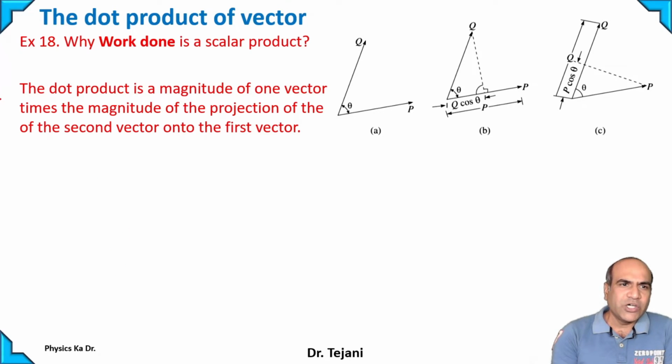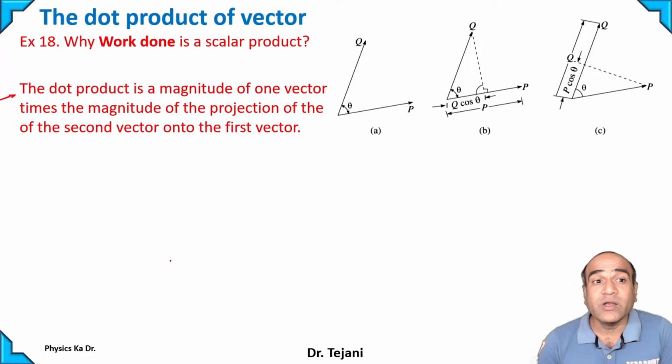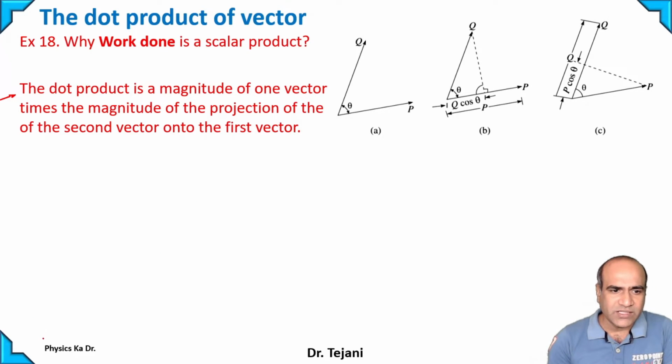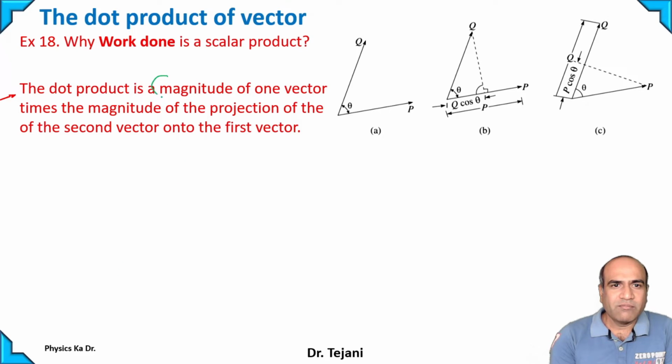And a dot product of any vectors, what does it give? A dot product is the magnitude of one vector times the magnitude of the projection. See the word you understand here, magnitude. That means it is a multiplication of magnitudes.